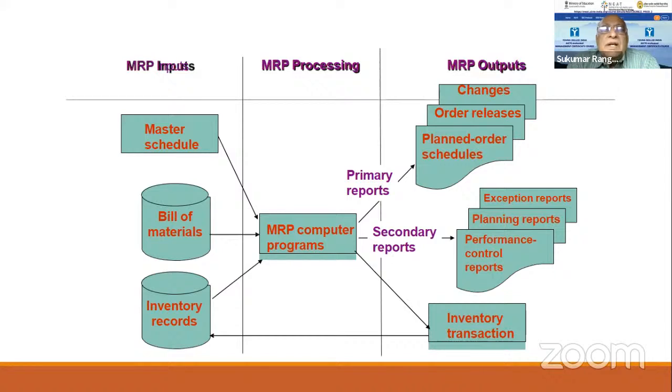Now we come to the planning, which we call material resource planning, manufacturing requirements planning. The inputs for that are the master schedule and the bill of material.